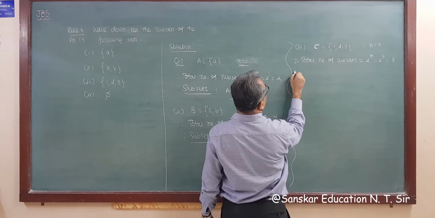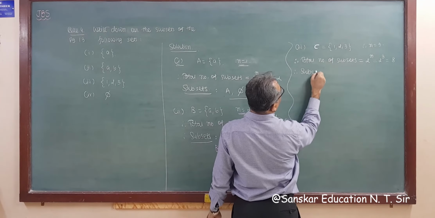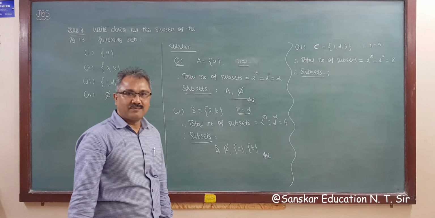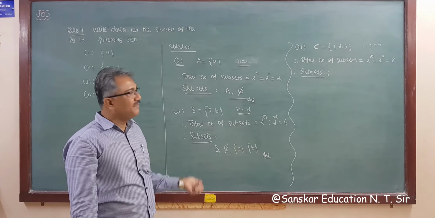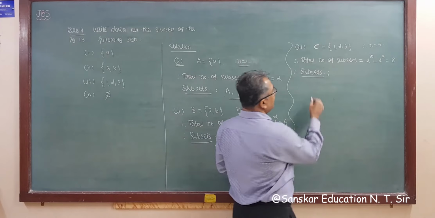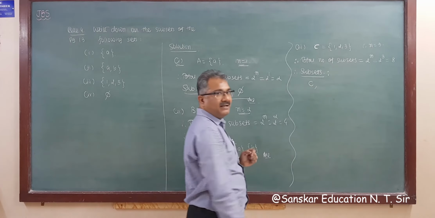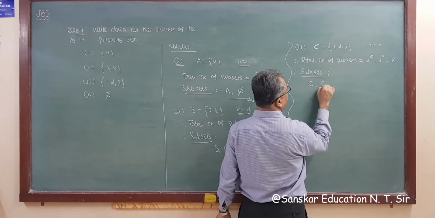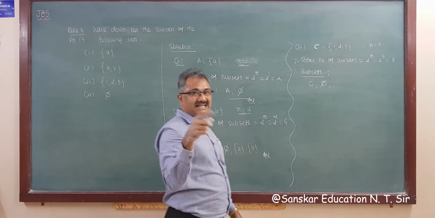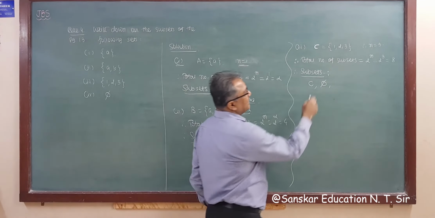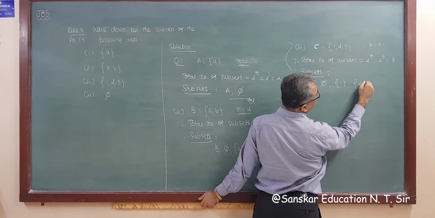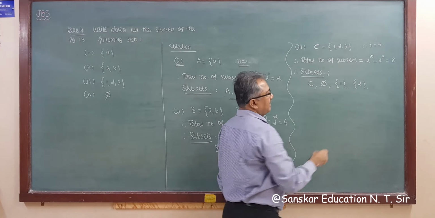So the subsets are, as we know, the set itself is a subset. So first C, then the empty set or null set is a subset of all sets. Then single elements, that is {1} in curly brackets or braces, then {2} and {3}, right?